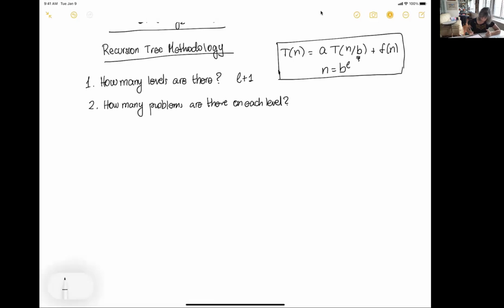That is going to be determined by this amount a, in case it is an integer. It basically tells you into how many splits you divide each of the nodes. Because this is a tree, each node is going to have as many children as a. And that is going to help you know how many problems there are at each level. So you need to find that out.